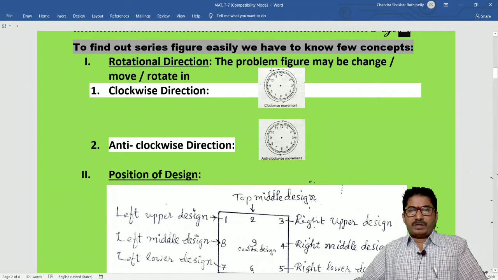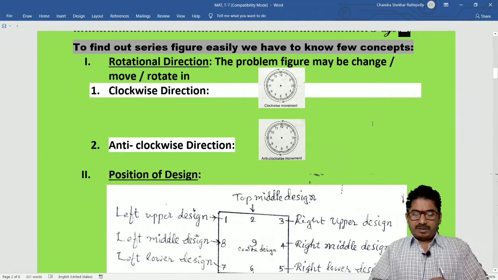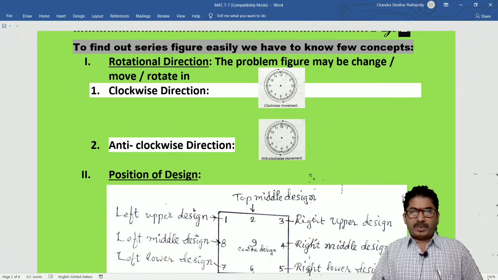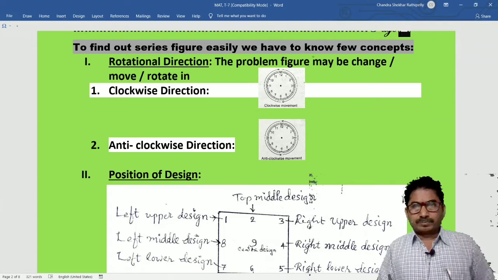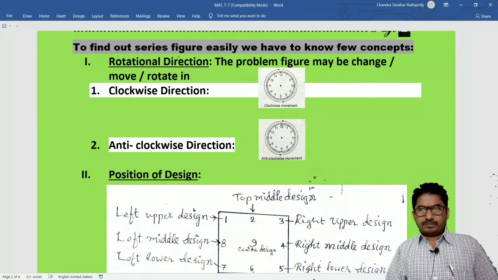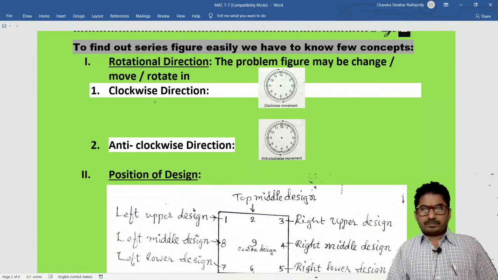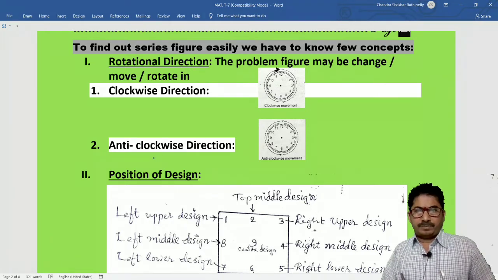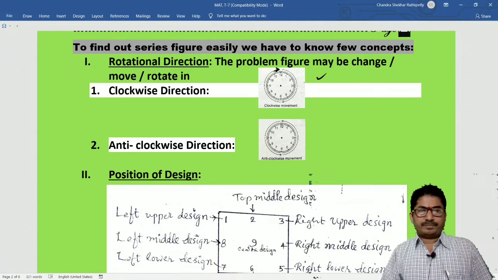So we know, children, rotate like the hands of a clock, like this, rotate. This is called clockwise direction.